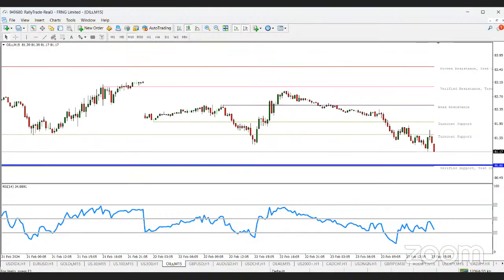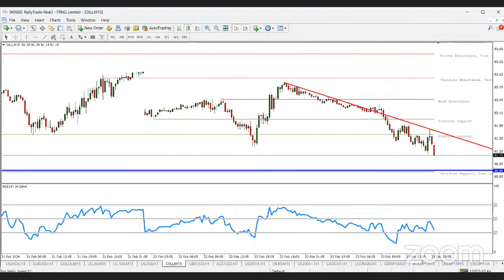We can sell oil from where it is now to 80.80. Expect a further sell in oil, since that daily time frame resistance has become too strong for it.